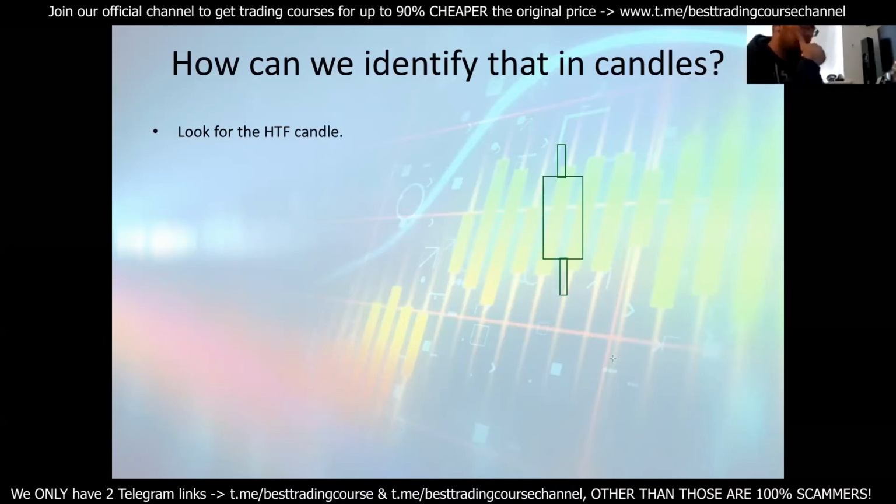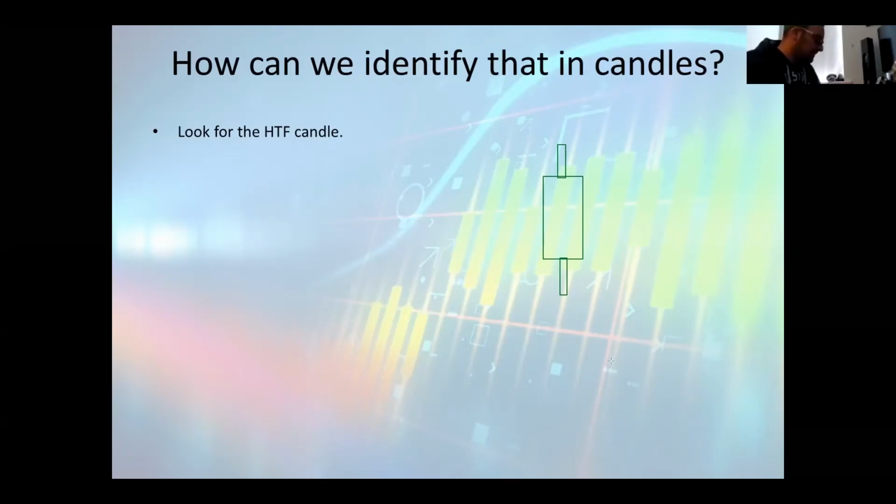If you have a decent sized bullish candle at support, let's say on the daily or the 4 hour, there's a very high chance that the next candle is going to continue moving bullish, at least filling the wick. This is what they call the wick fill. So that's how it's going to happen.